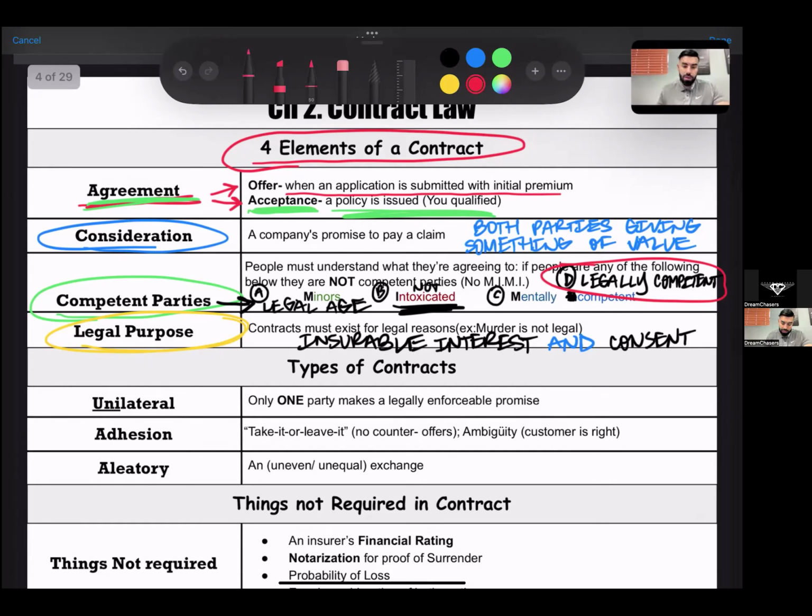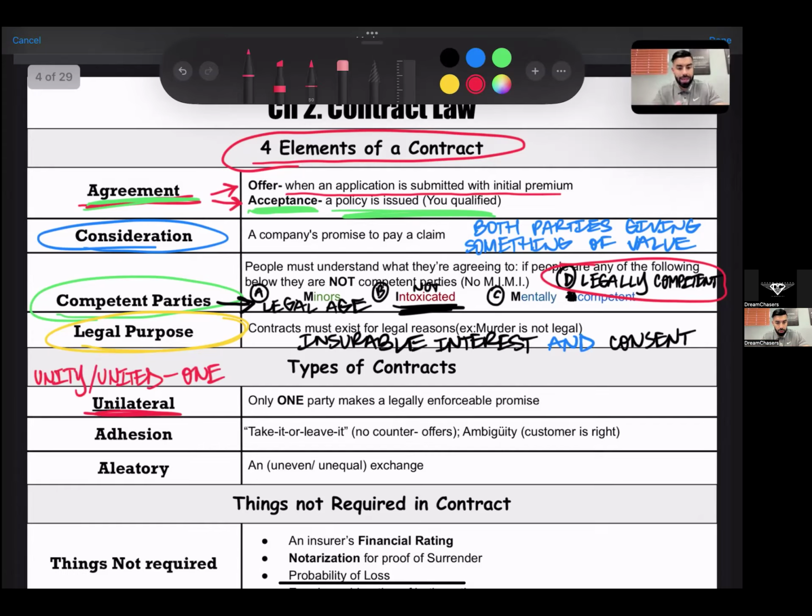The first is what is known as a unilateral contract. So unilateral, if we just split those words into two, you think of the word uni, you and I think of unity or united. If we are speaking of unity or united, that means one, right? We're coming together as one.